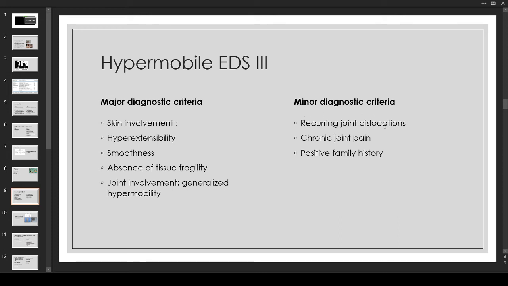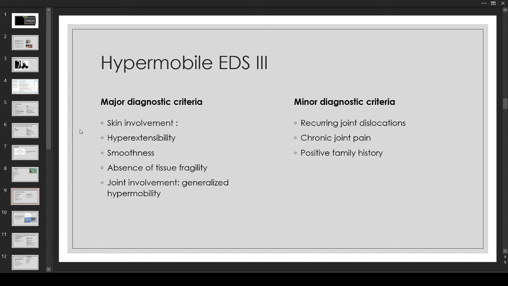It is a red line, or a red flag rather, when it comes to EDS, the joint dislocations. And it is characterized by severe generalized laxity, dislocations, effusions, and arthritis at times. And certain joints, such as the shoulder, the patella, the temporomandibular joint, dislocate more frequently than others.